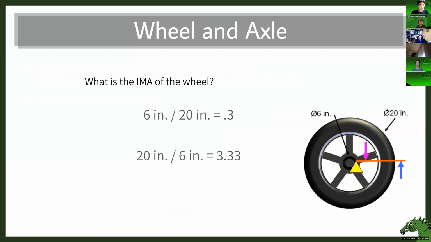But if you're driving it like a steering wheel, moving the wheel so that the shaft moves, you're going to get the inverse of that, basically. So it's 20/6. Again, you've got to remember, it's output over input. So the output is going to be the 20, and then the input is the 6.